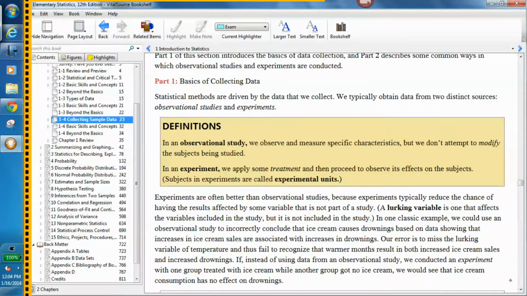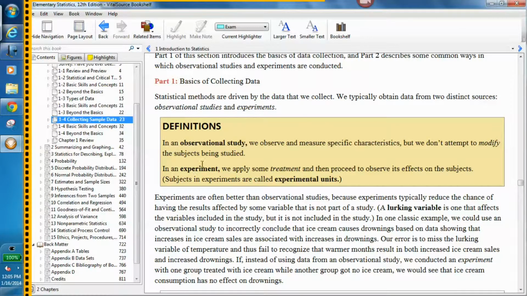Not a lot to this section, just a couple of definitions and things that you want to look out for when looking at data, maybe the types of studies. In an observational study, we observe and measure specific characteristics, but we don't attempt to modify the subjects being studied. So you can imagine someone studying animals or even people, as long as they had the people's permission, would be some type of observational study.